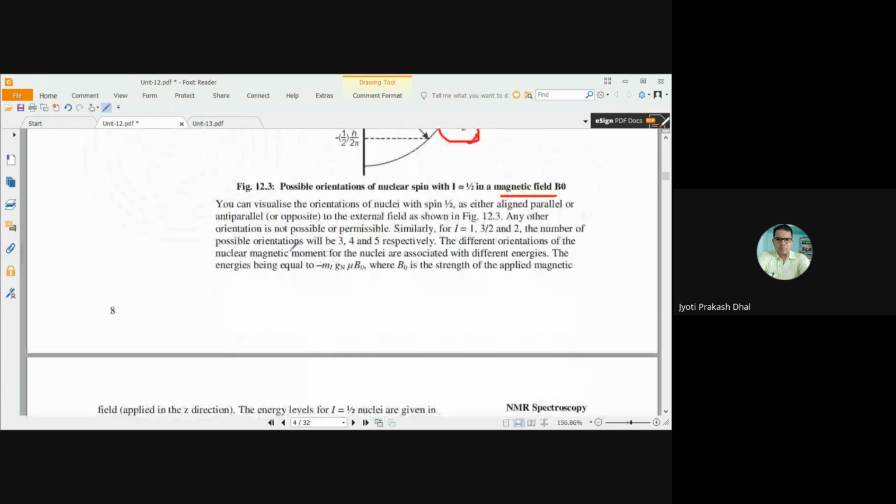So you can see that the orientation of the nucleus with spin equals half is either aligned parallel or anti-parallel to the applied magnetic field.